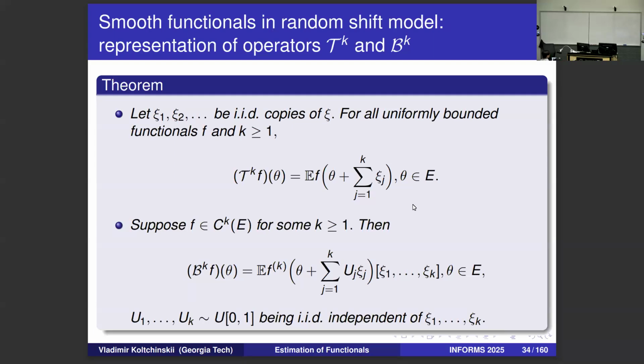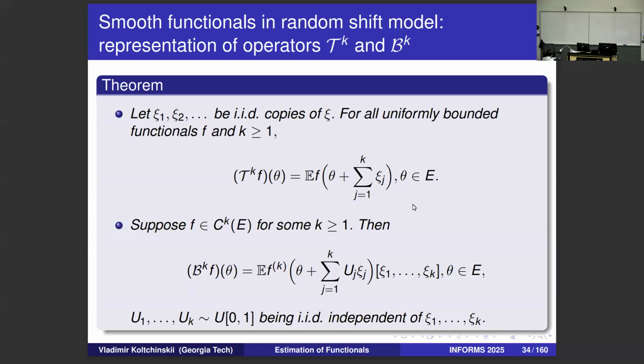If f is k times differentiable, then B^k f can be computed by this formula. It's the expectation of f^(k), differentiated with respect to all the centers, so the derivative is in this direction. I will try to show you the proof of that fact.